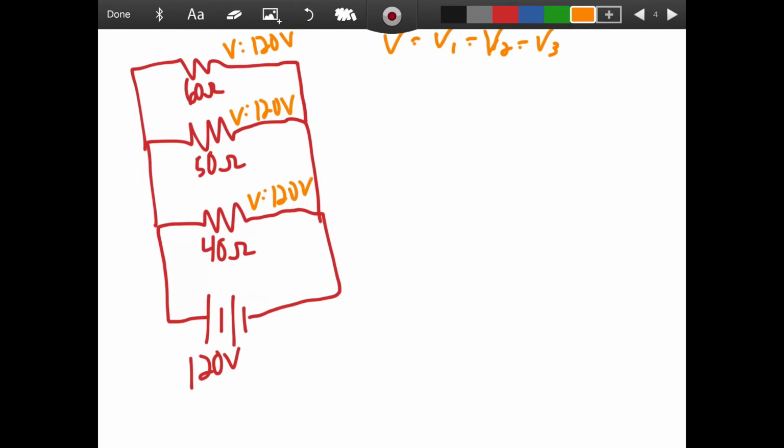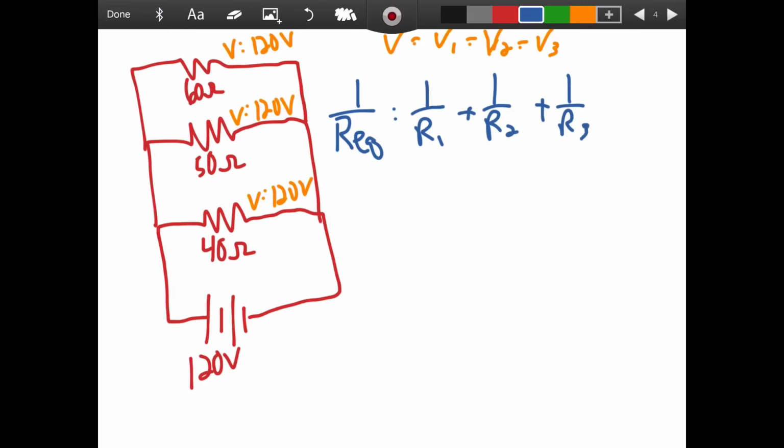So now if I want to find the REQ, I have to use my parallel rules. 1 over R1 plus 1 over R2 plus 1 over R3. So we have 40, 50 ohms, and a 60 ohm resistor.